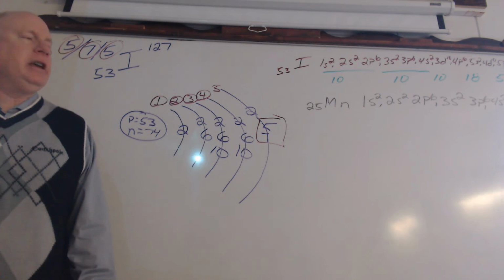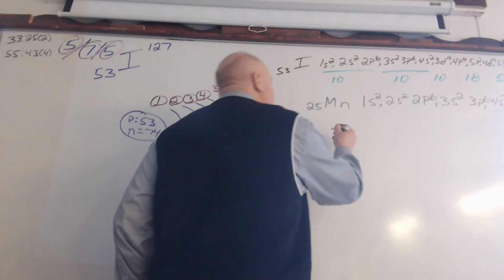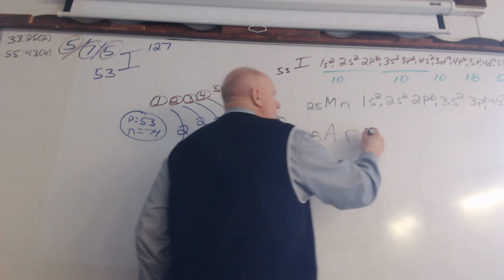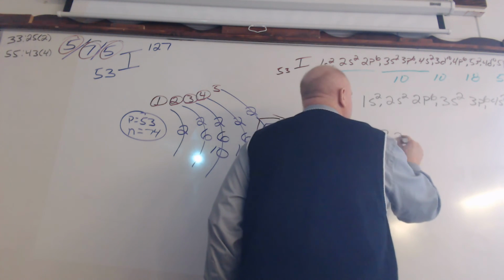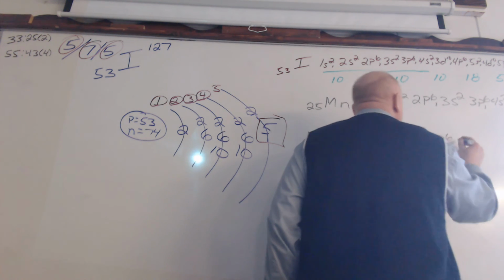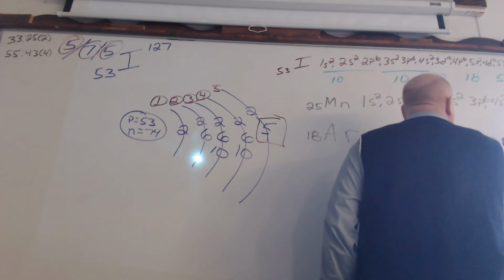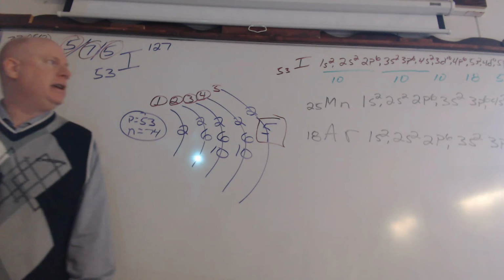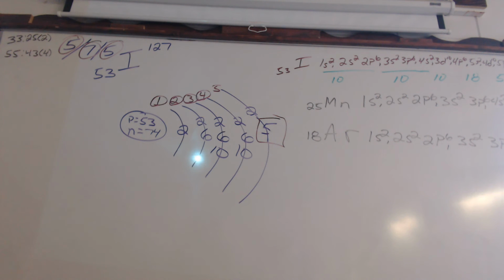So what this means is, let's look at the element argon, because that's a noble gas, right? Let's look at this here, 1s2. Do we see anything similar between the electron configuration for argon and the electron configuration for manganese? This is what I mean.